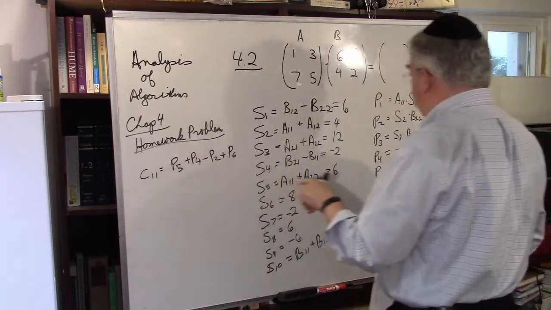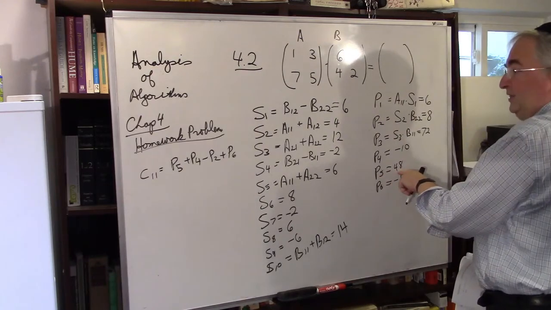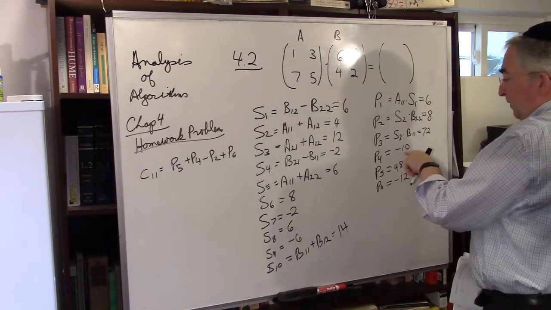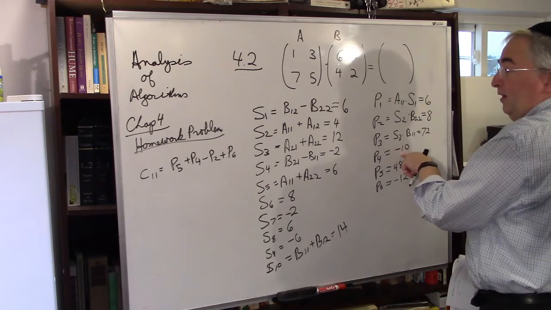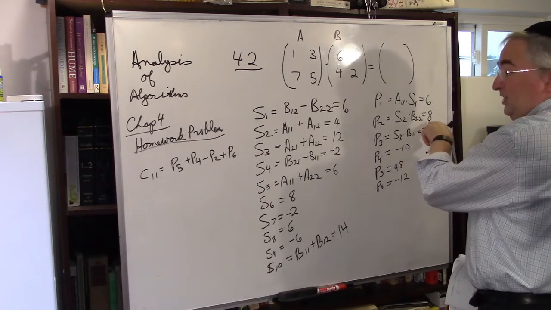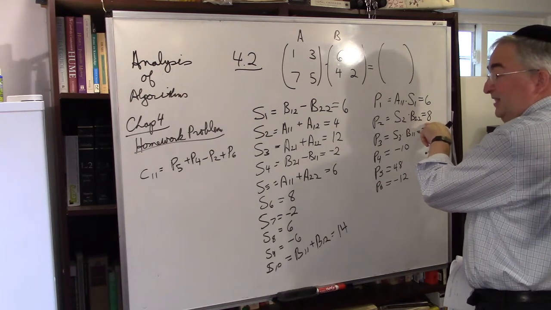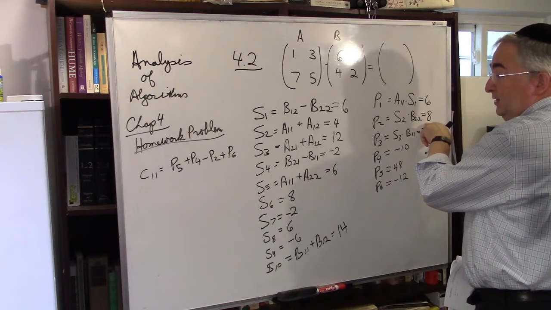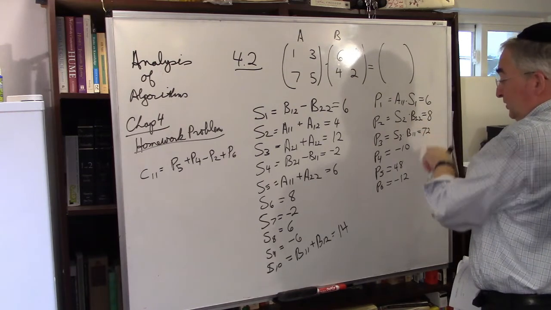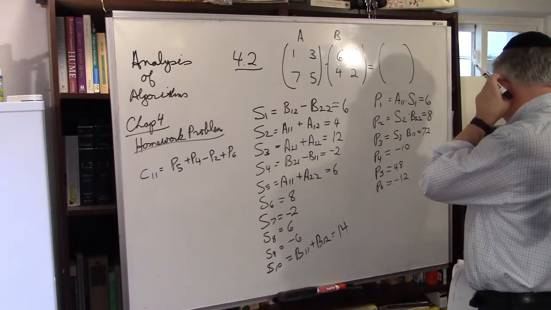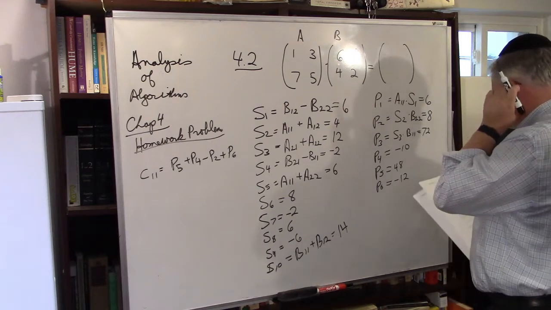P5 plus P4, 48, plus minus 10 is 38. Minus 8 is 30. Plus P6, 30 plus minus 12 is 18.